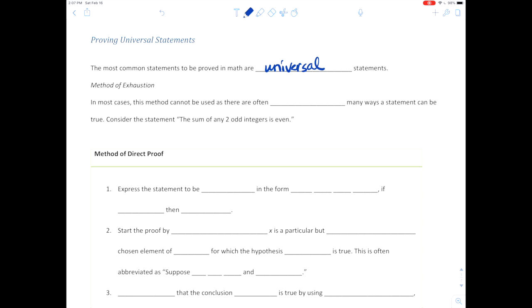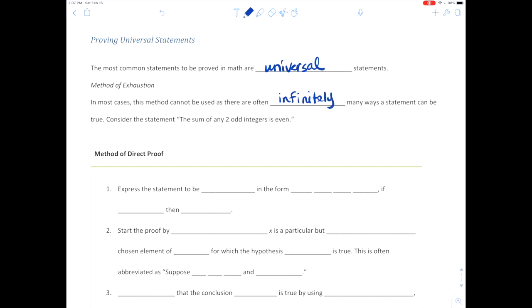Use variables that represent members of the set in these direct universal statements. Unless we are doing method of exhaustion. This is not very typical, and it's only if you have a finite number of options. In most cases, this method can't be used as there are often infinitely many ways a statement can be true.